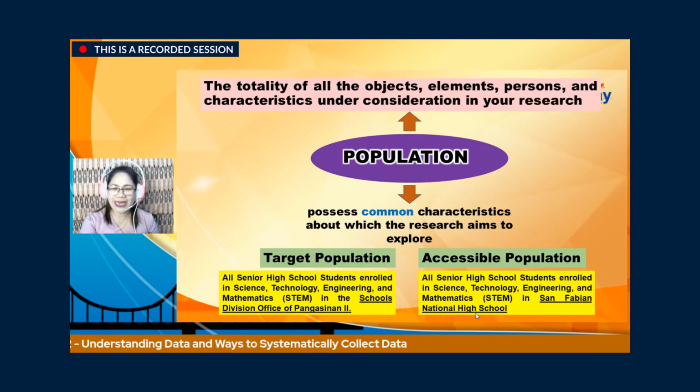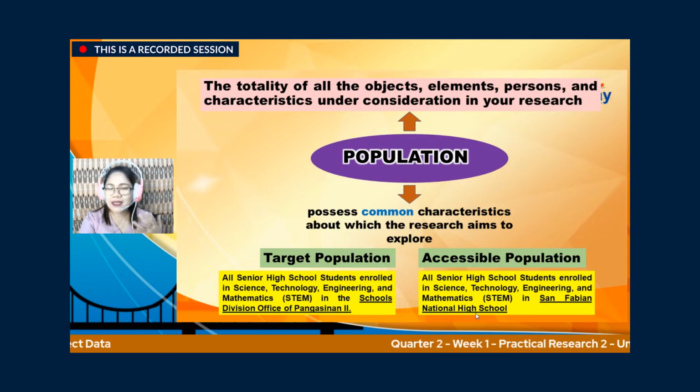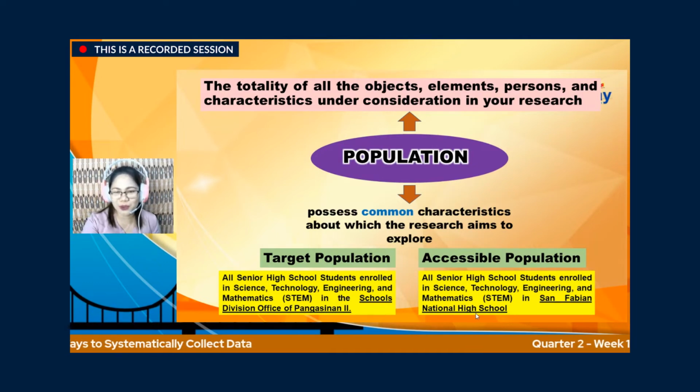So accessible, kaya siya sinabing accessible, the researcher have yung mas makabubuti or yung mas mapapadali sa kanya na kung saan makaka-come up pa rin siya ng result na kung i-compare natin doon sa wider population is parehas pa rin. Okay, so that's the difference between the two.